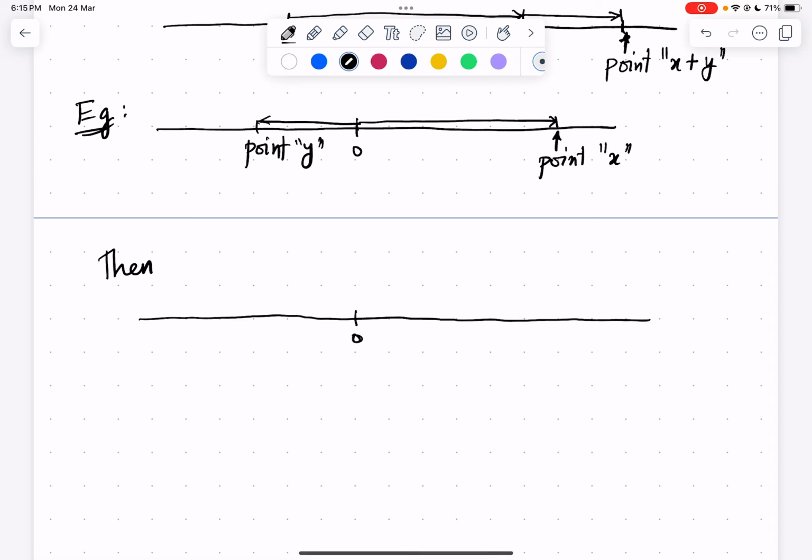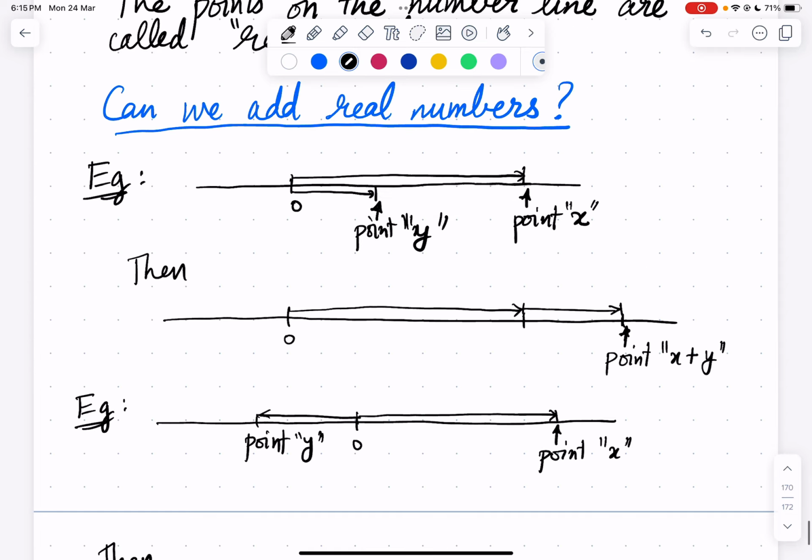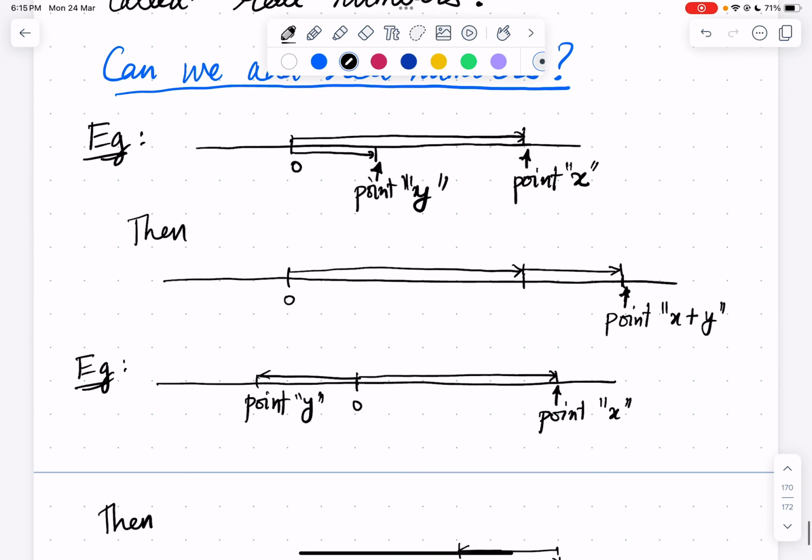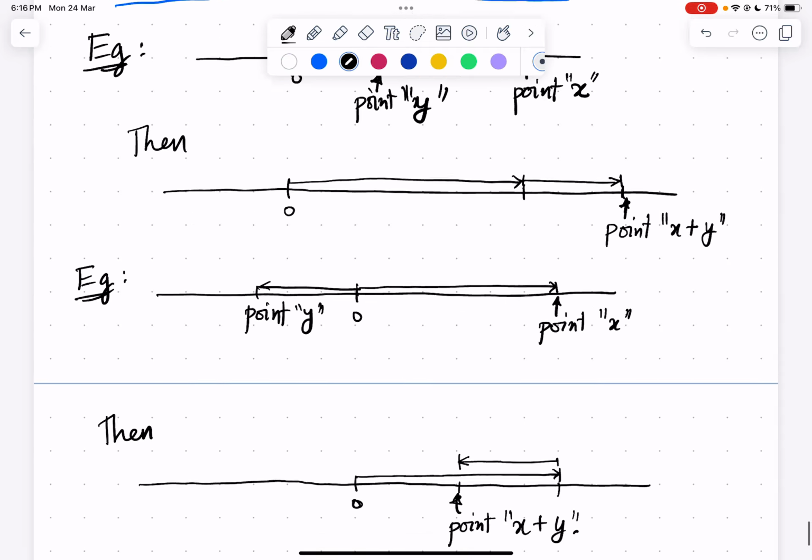First you take x and then add y, so to speak. So y is to the left of 0, so you move towards the left while adding y. So here this point would be x plus y. So with these two examples, it should be sort of clear how we add real numbers, how we add points on the number line. So yes, we can add real numbers.